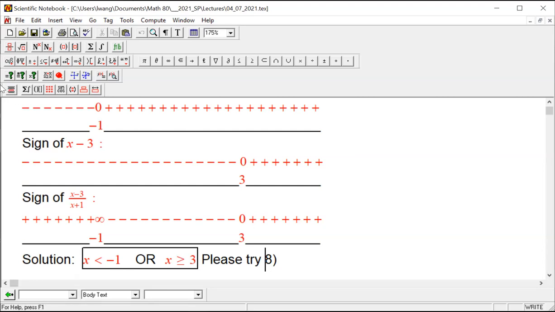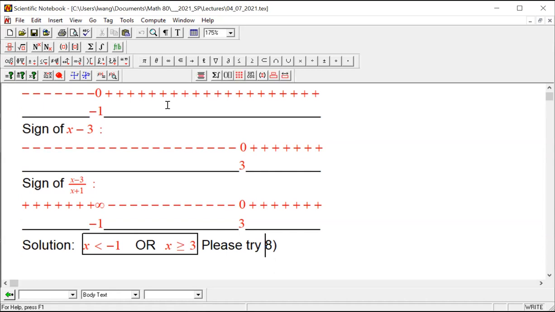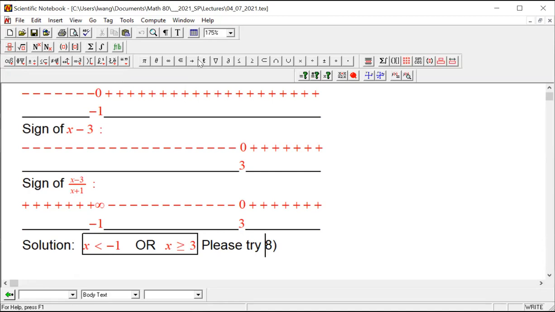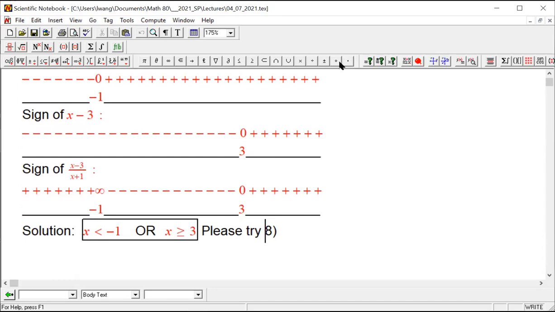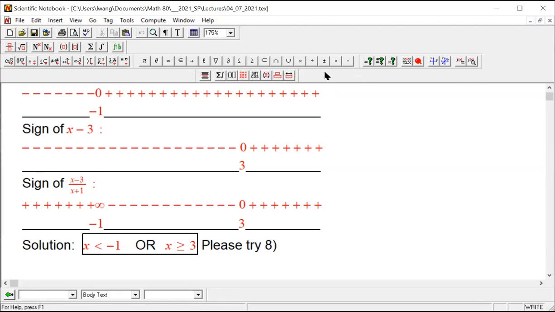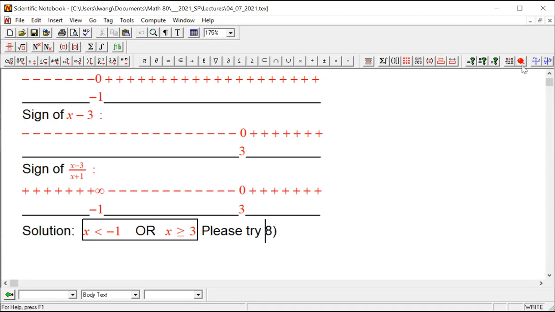Let me see if I can make the screen so you can see the whole thing. This thing is so weird. Okay, hope this is better.